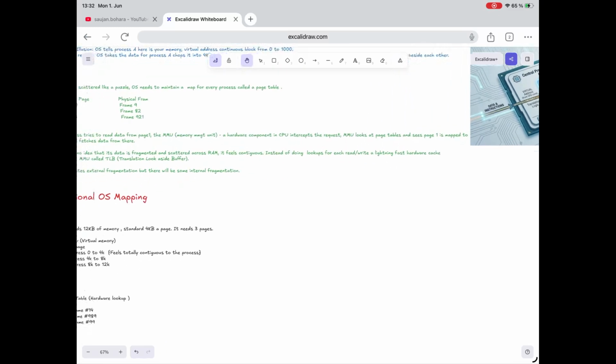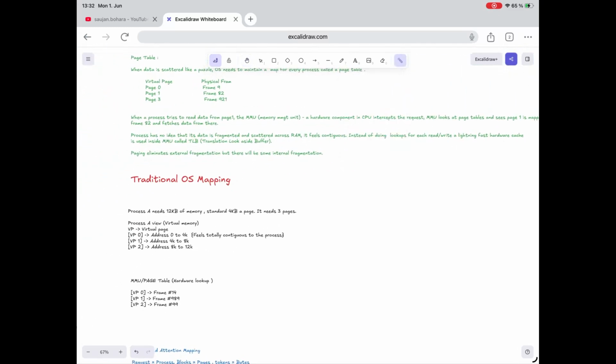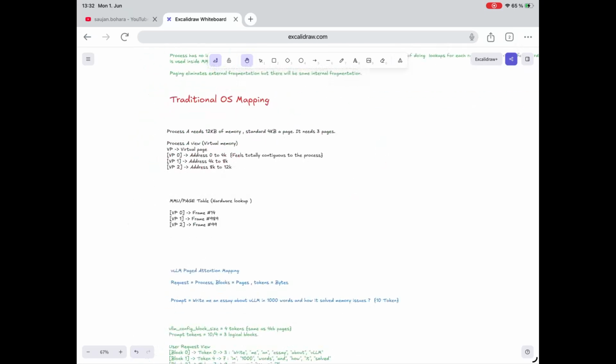That cache makes the whole hardware lookup very fast. It's called the translation lookaside buffer, TLB. So the process would not even know that all of that lookup is happening in the back end, right? For it, it feels like I am writing my data to this contiguous block of memory. But we know that in reality, that data has been written across different physical frames in RAM, and then we have this MMU, memory management unit, which maps the virtual page to the physical page and all that stuff, right?